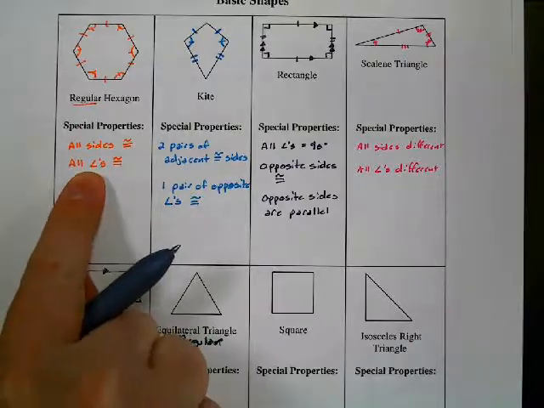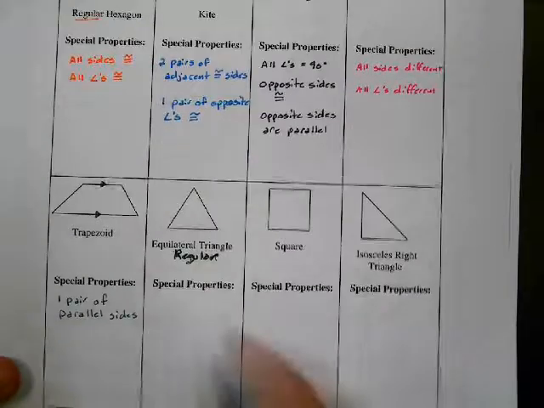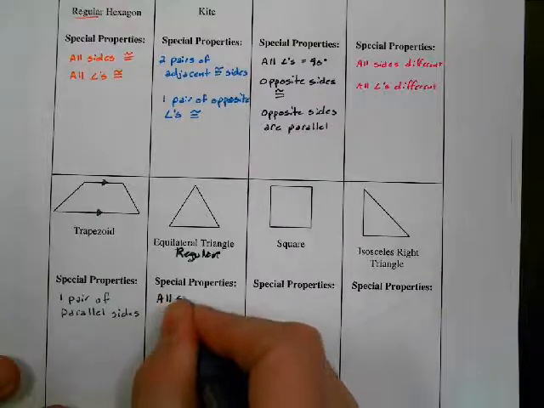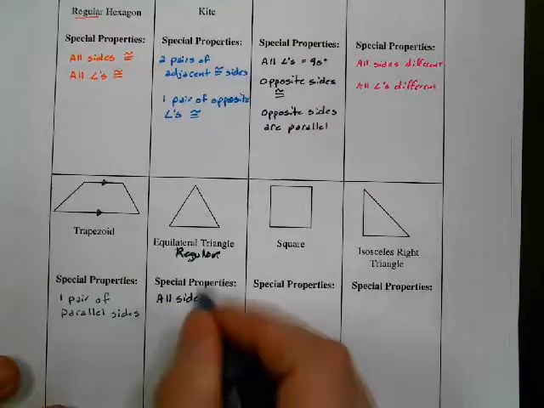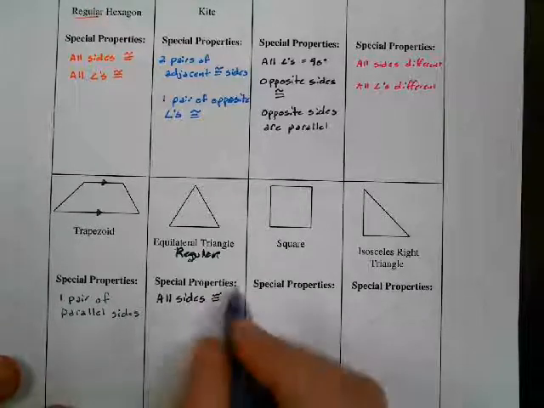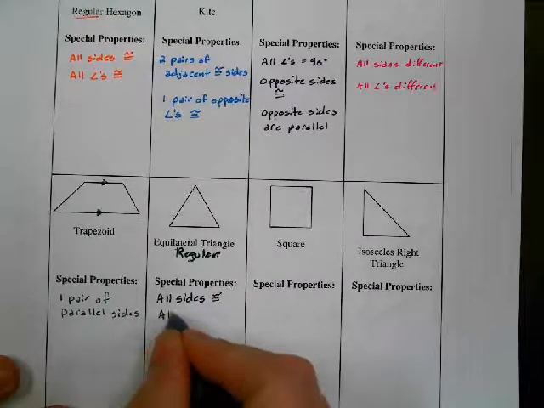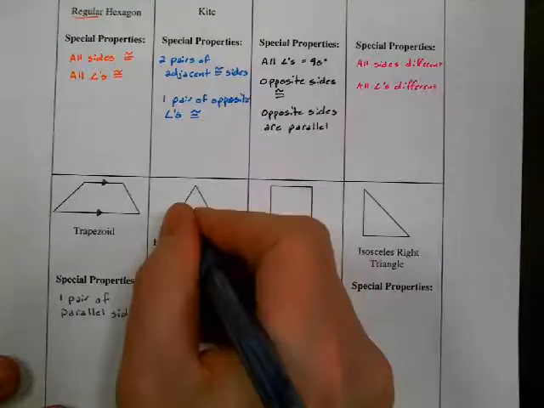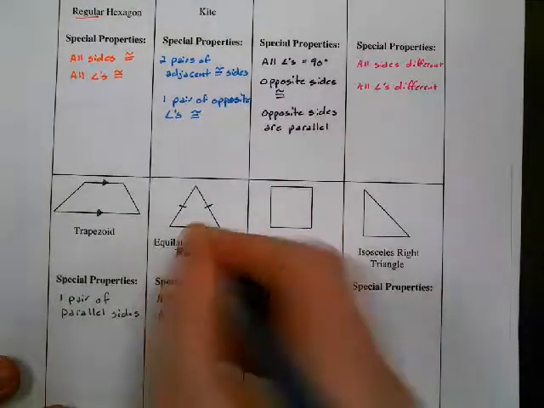So we're going to say all sides are congruent and all angles congruent. So this side, and this side are all the same, which also means that these angles are the same.